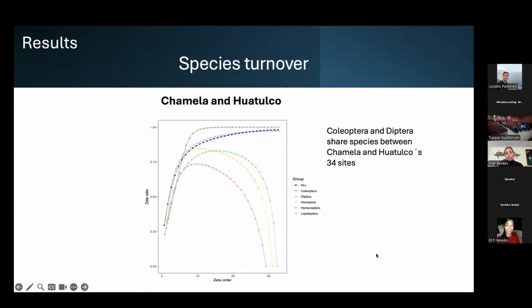When we plot Chamela and Huatulco all together, we find what we expected: since there's so much structure in their communities, for several orders we see a complete turnover between both regions. But what could be interesting is that Coleoptera and Diptera do share species across these two regions.